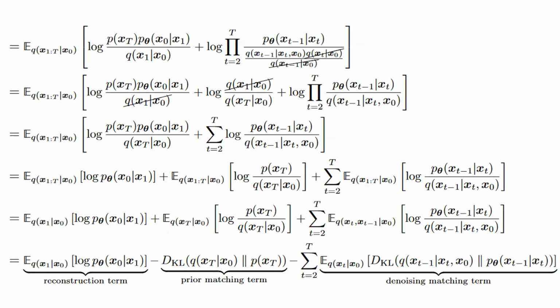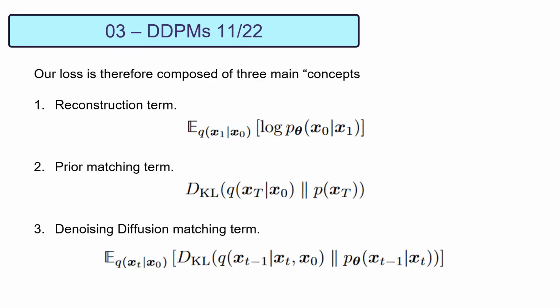So if this term doesn't exist anymore, if t is 1 and you set x1 to be equal to z, what you get is log p of x given z minus the divergence of q z given x with the prior, which is exactly the ELBO of the variational autoencoder. So a variational autoencoder is a very specific case of a diffusion model with learned q, right? And that's the first thing.